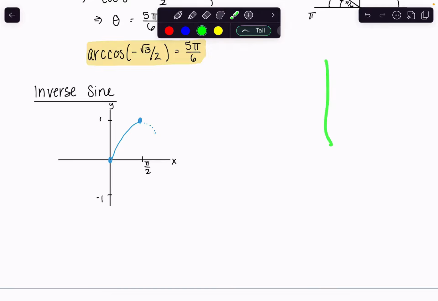So really, I'm going to take quadrant 1 and then quadrant 4 because the sine function is positive up here and negative down here. And that will give me all of those values. The only difference is I need this to be fluid, so this angle over here is going to be negative pi over 2.